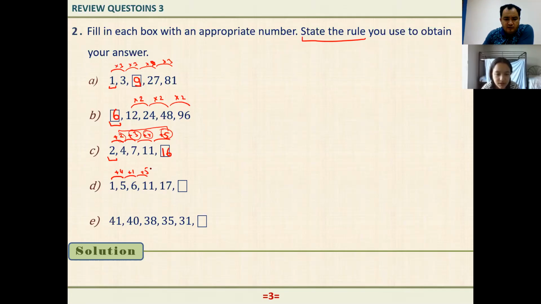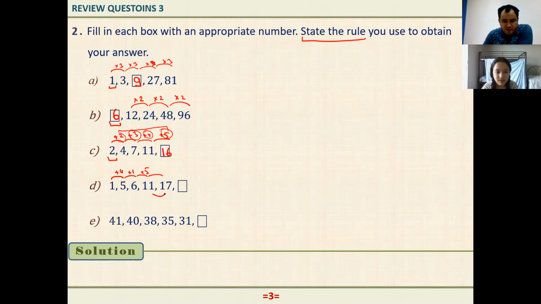Here plus 5. Because if you add 1 plus 5, it is 6. 6 plus 5, it is 11. 11 plus 6 is 17.